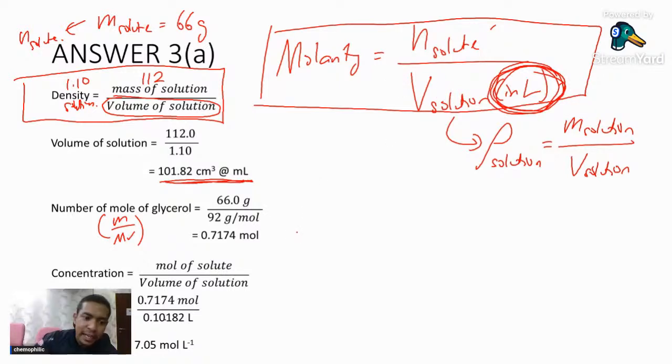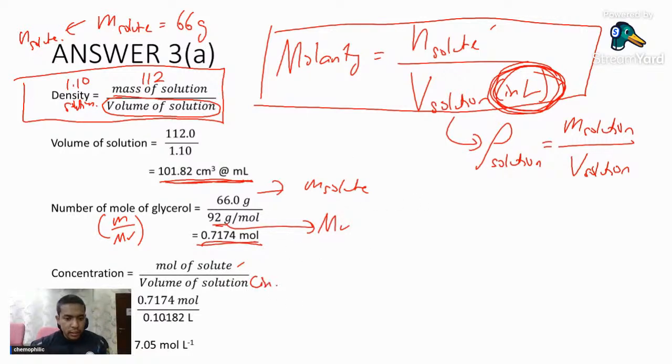Okay, and then next we find the mole of the solute. The formula is mass over molar mass. So 66 is the mass of the solute, and 92 is the molar mass of glycerol, from the formula just now. When you calculate, you get 0.7174. So now we know the mole of solute and the volume of solution in liter.